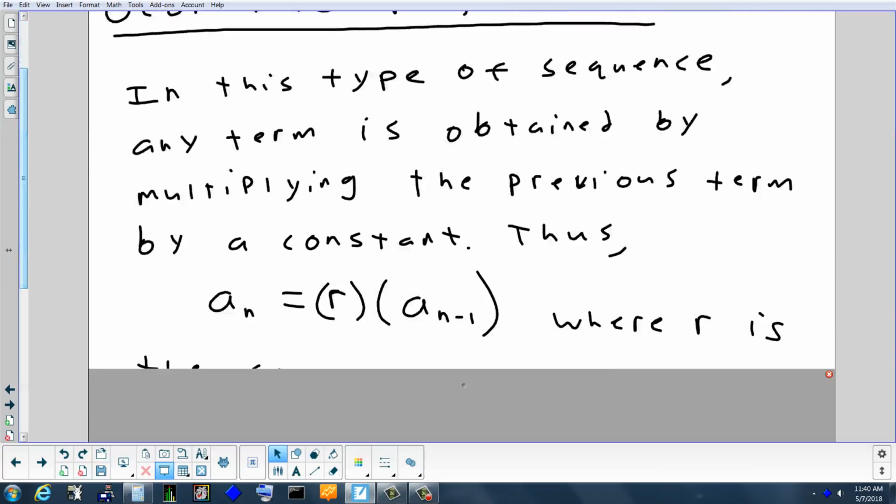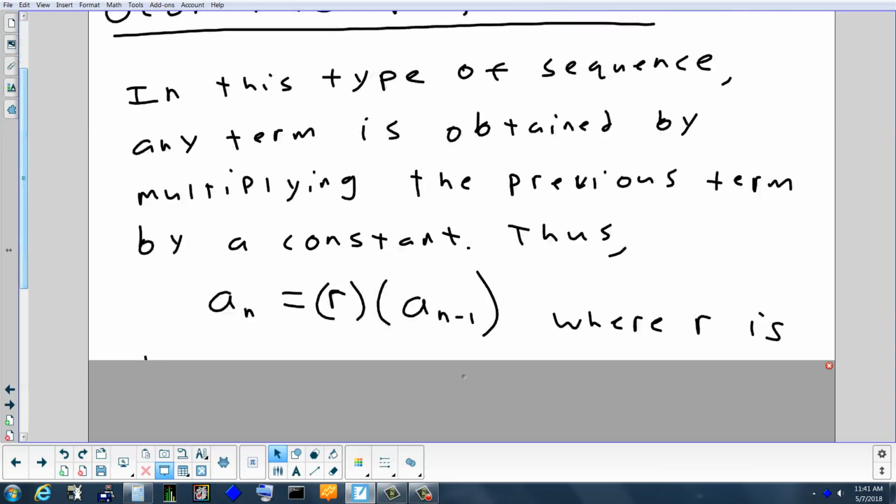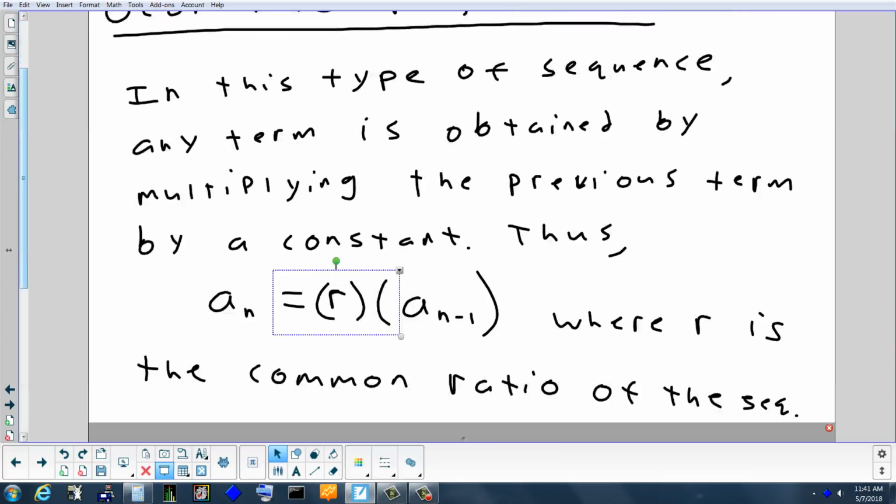So your recursive formula looks like this. To find a specific term, take the term before and multiply by a number. Okay. We don't have a common difference when we do this. Common difference is arithmetic. We have a common ratio.